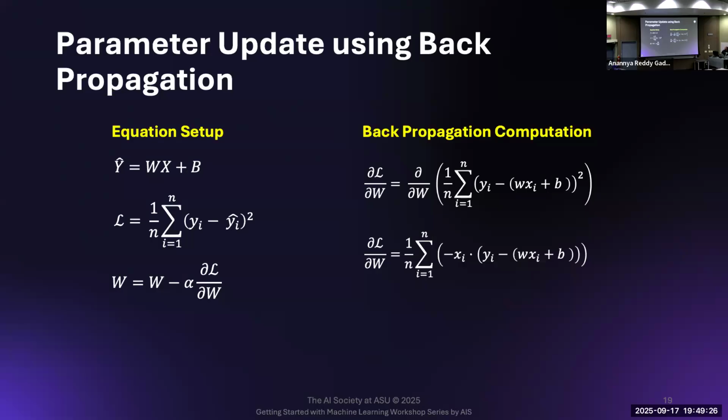And now the final equation becomes delta L divided by delta W is equal to 1 divided by n summation of minus xi, after calculating the whole derivation.